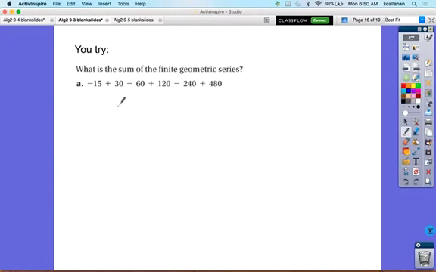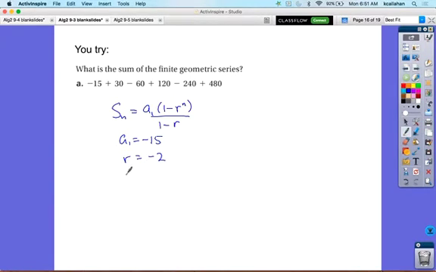Okay, let's see. Sn equals A1 times 1 minus r raised to the n over 1 minus r. I always start with the formula. Looks like our A1 is negative 15. The r, what does it look like you're multiplying by to get to the next term? Looks like negative 2.